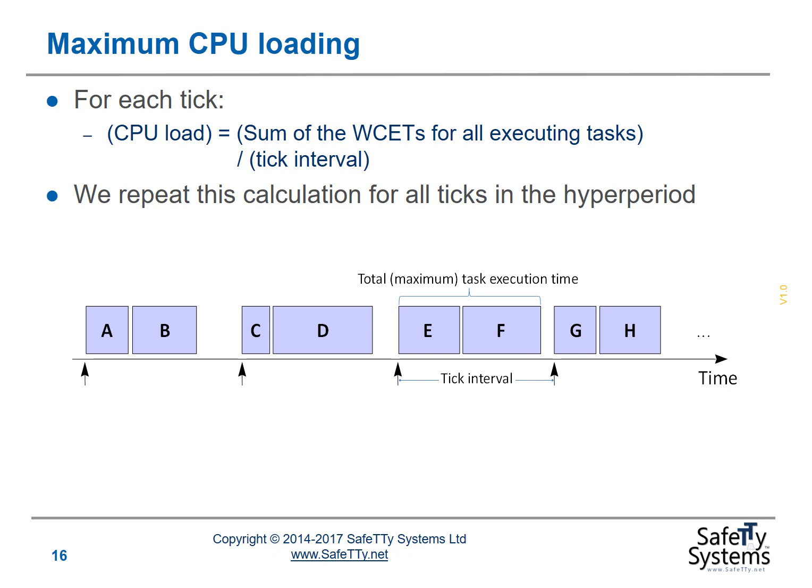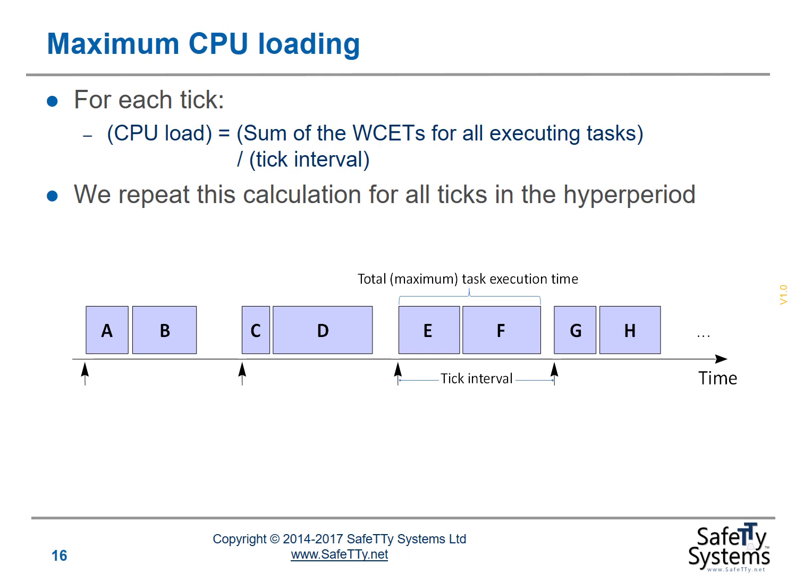So in this case, if this is tick interval 0, tick interval 1, tick interval 2, we have a total maximum execution time in tick interval 2 that is the largest one in this hyperperiod, and we can work out from this what the maximum CPU load of the system is.